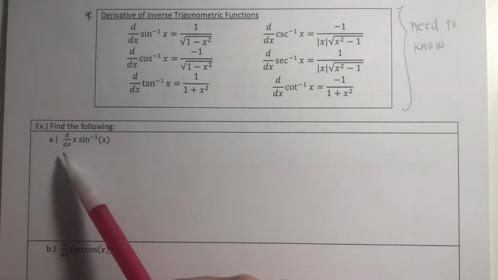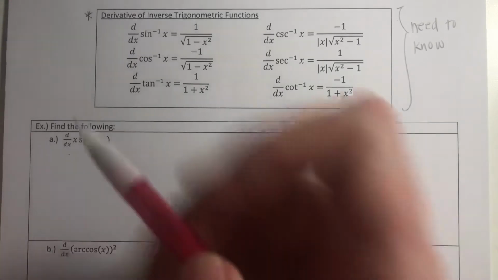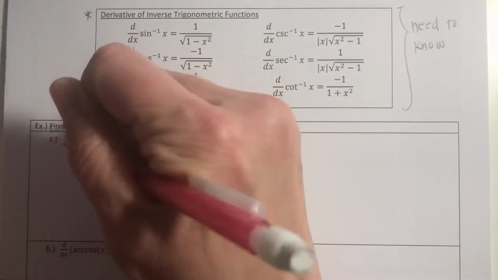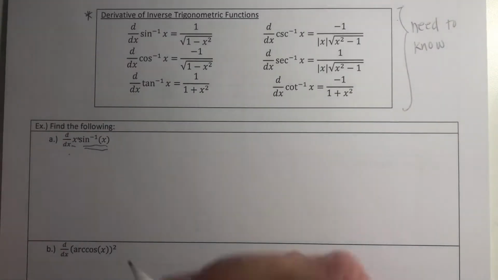So part A says find the derivative with respect to x of x times sine inverse of x. And again, we are multiplying two things that both have a variable x. That's going to require us to use the product rule.